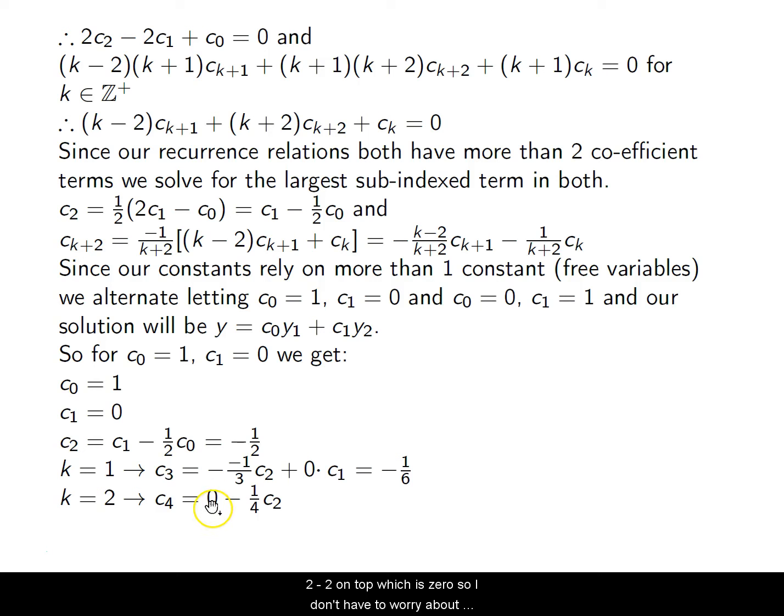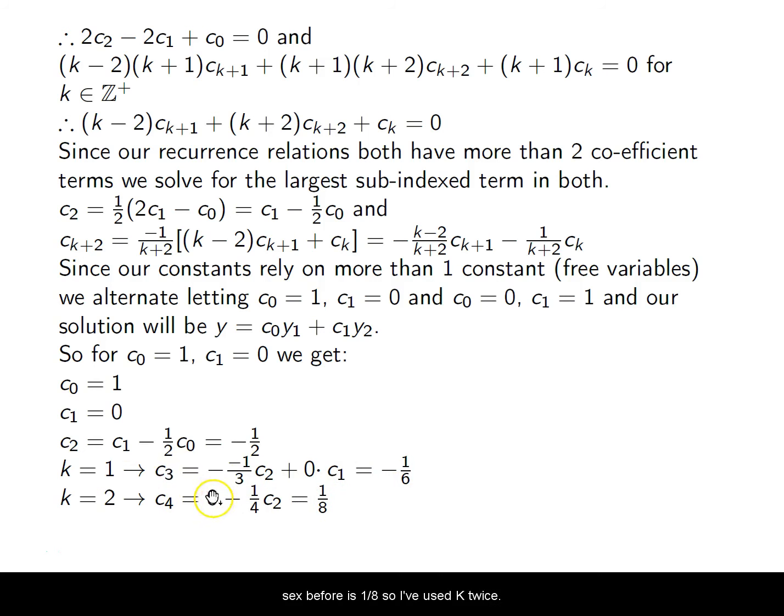So I don't even have to worry about anything else. Minus 1 over 2 plus 2, which is 4, times c of k, which is c2. So I have minus 1/4 times a minus 1/2, or a positive 1/8. So c0 is 1, c1 is 0, c2 is minus 1/2, c3 is minus 1/6, c4 is 1/8.